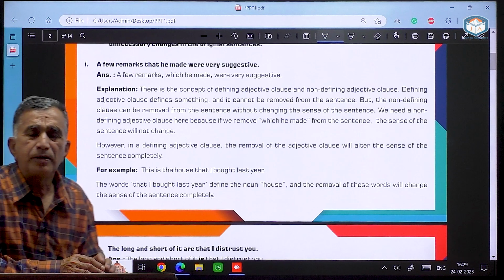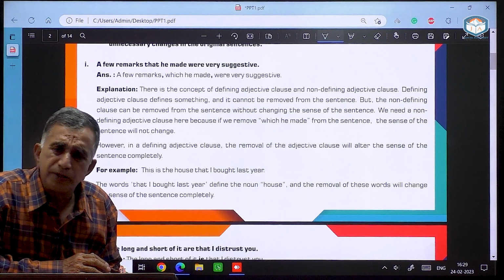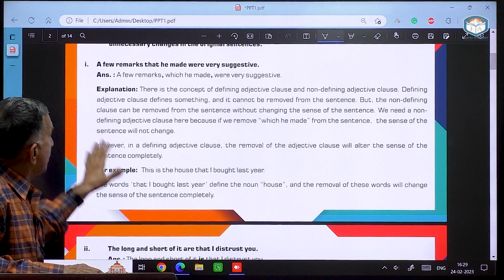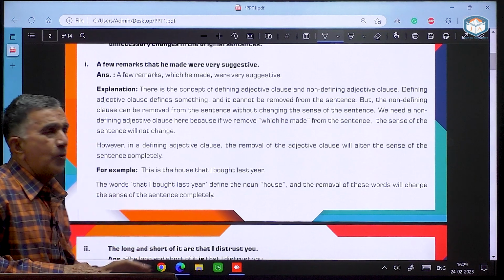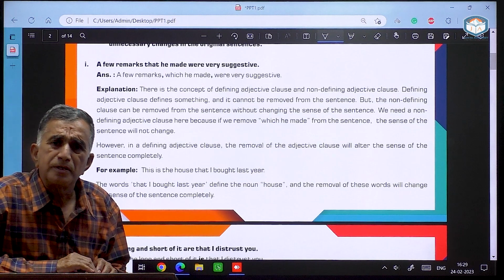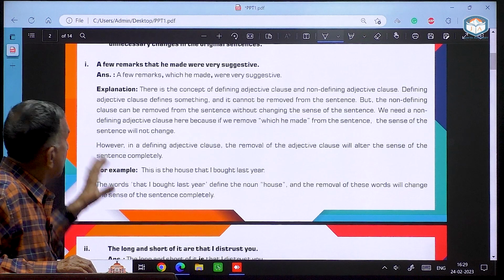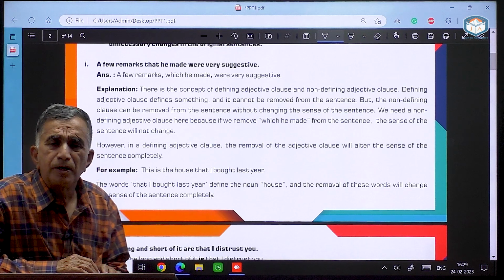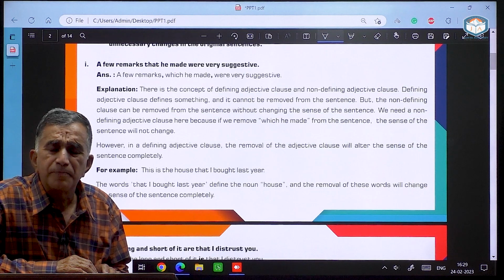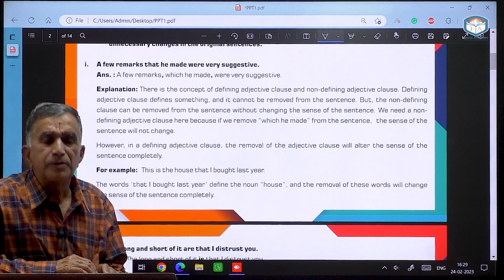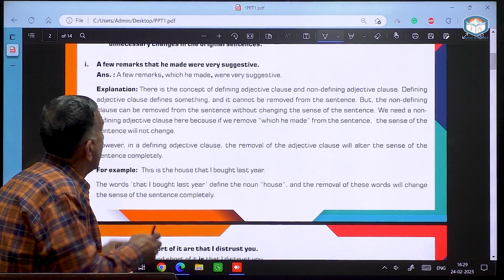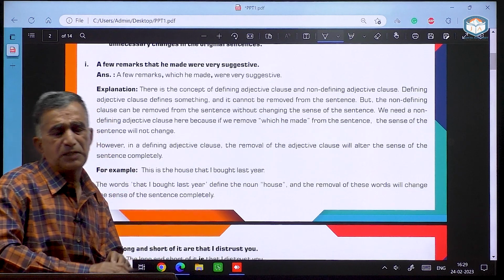It is about finding errors in sentences. The first sentence says, a few remarks that he made were very suggestive. Now the answer is, the few remarks which he made were very suggestive. The reason is that in English there are defining adjective clauses and non-defining adjective clauses.